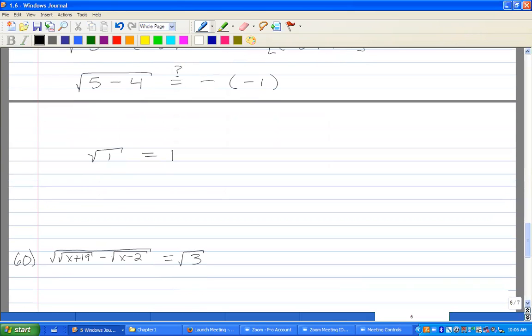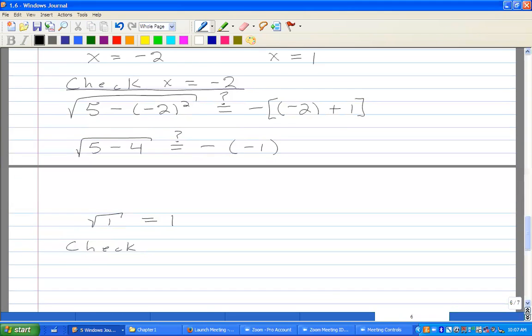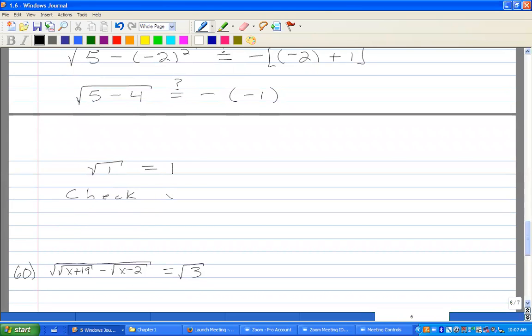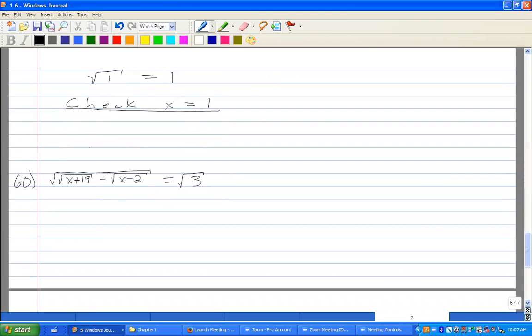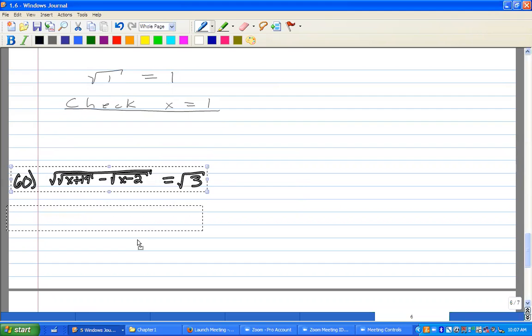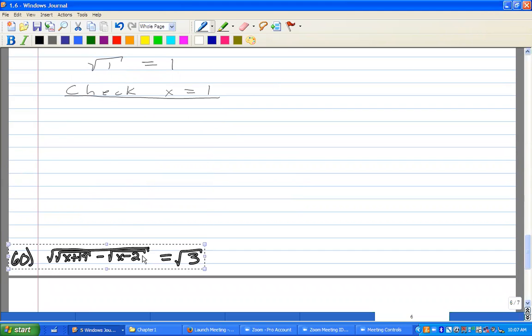Let's see about the other one. So let's check if x equaling 1 is a solution.